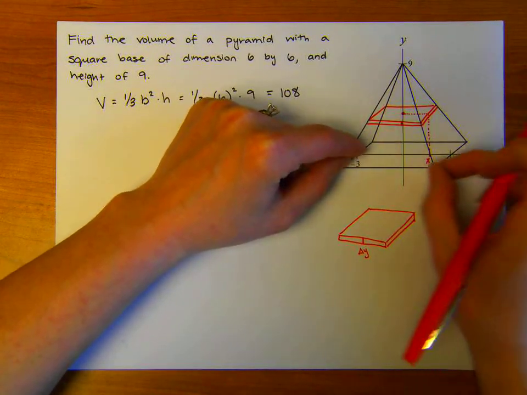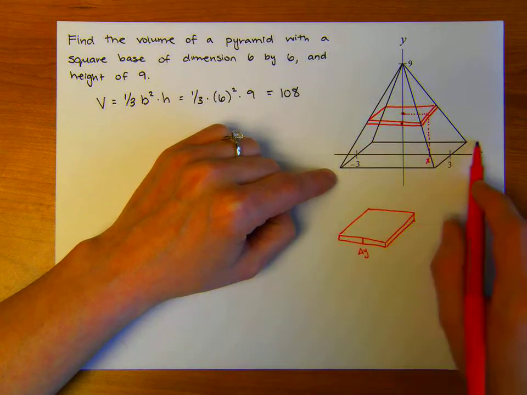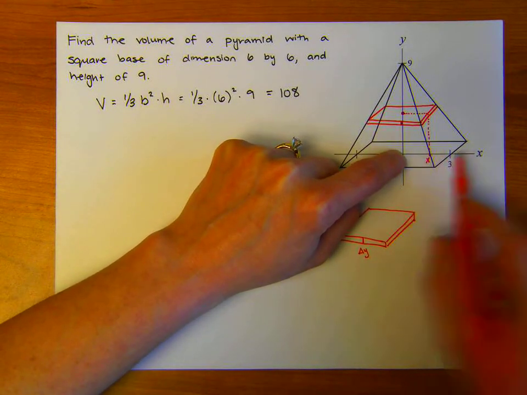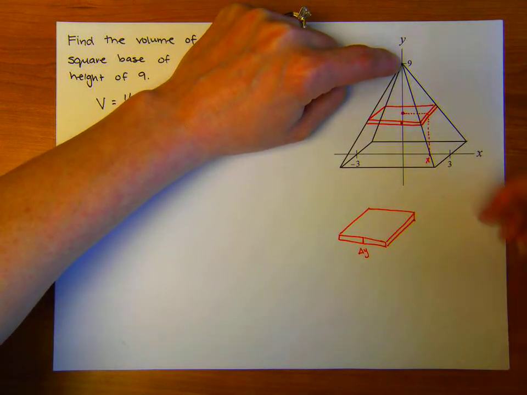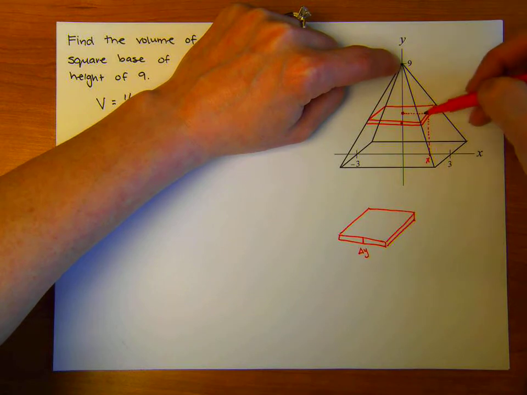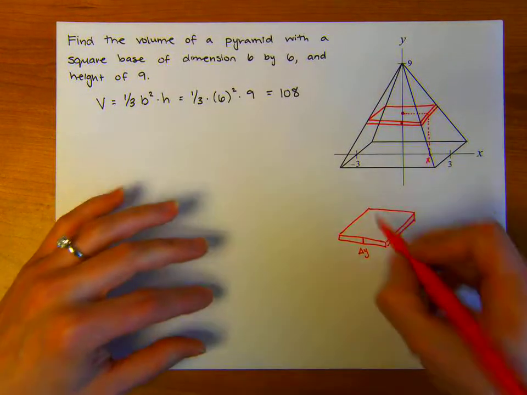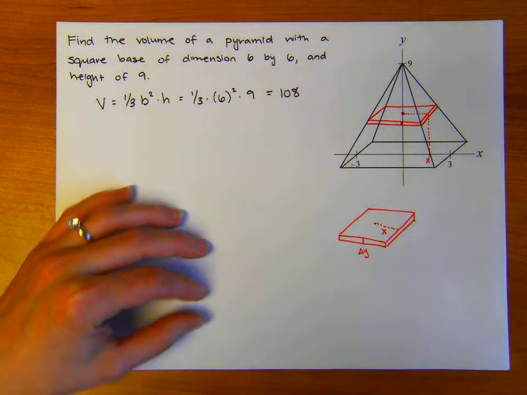For example, if I have my cross-section down here where y equals 0, this distance would end up being 3, and that's exactly what the x-coordinate is at that point. Notice up here, this distance would be 0. That is also the x-coordinate at that point. So from this distance outwards, that distance is x.